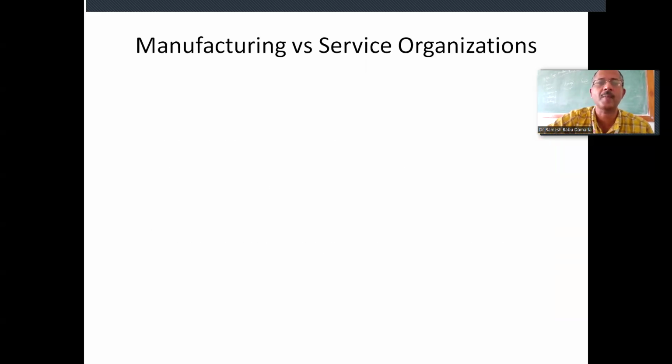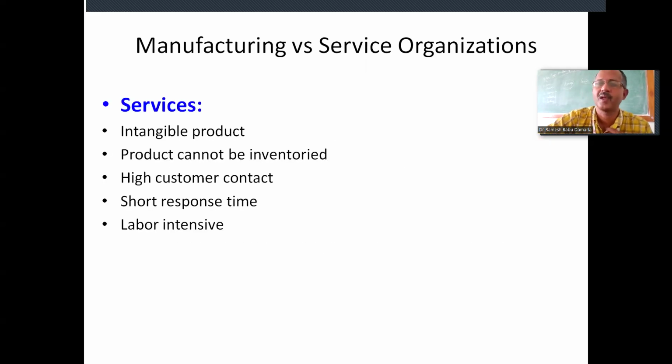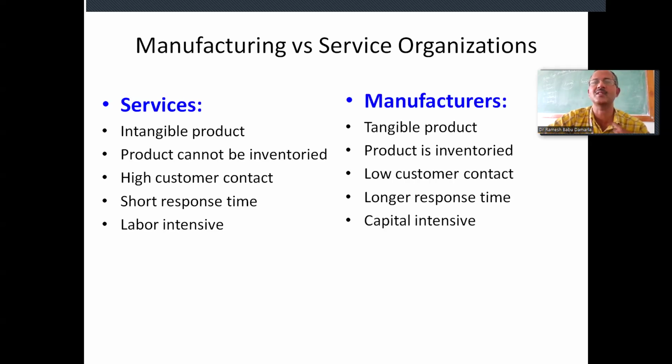Very, very important. Let us see the basic difference between services and manufacturing. We all know this. Services are intangible. You cannot touch, feel, and sense. Manufacturing is a tangible product. And in services, you cannot inventorize like products. Correct, no?